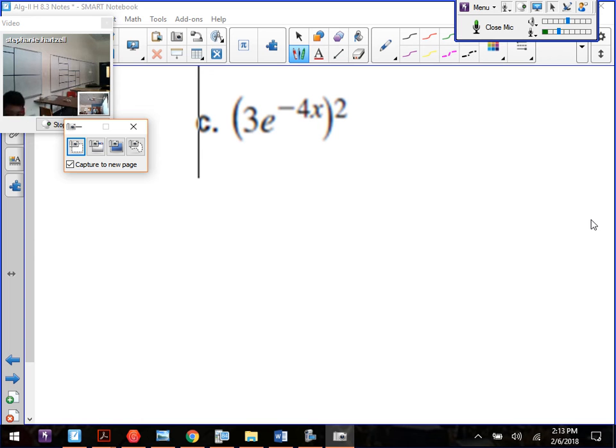If you go long form here, this is going to be 3 squared times e to the negative 4x, squared. You okay with that? Now, 3 squared is 9, very good. Now, e to the negative 4x squared.